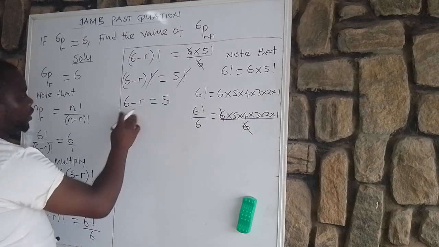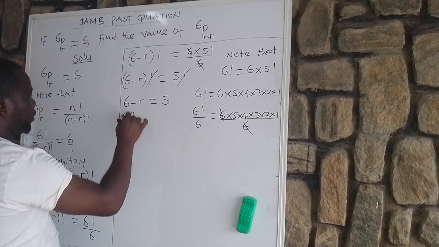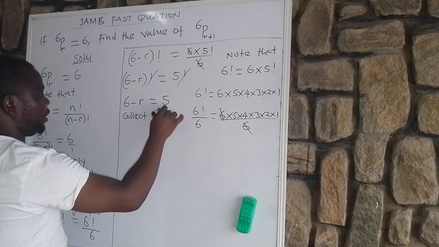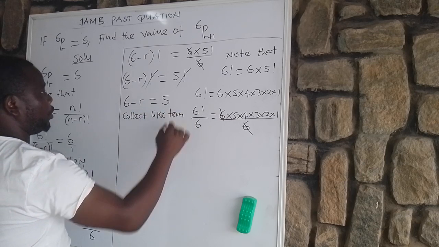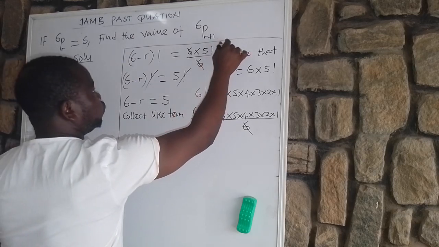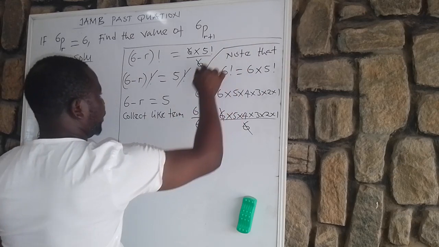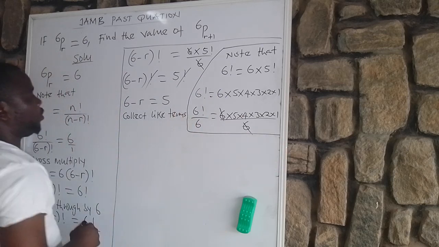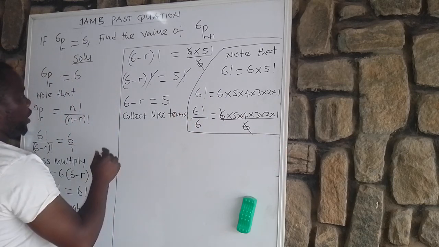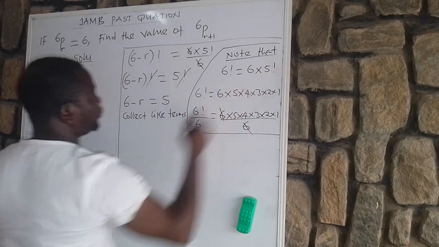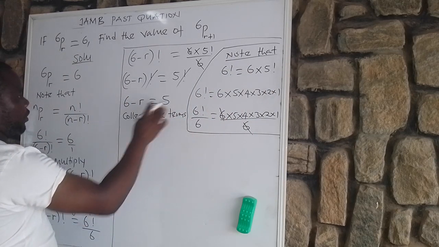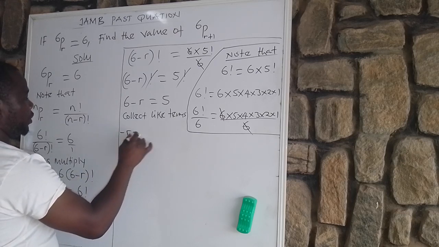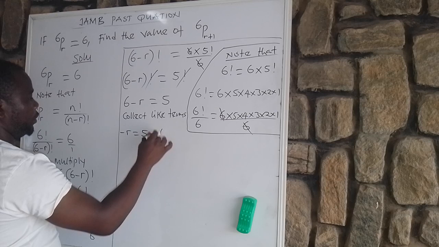So at this point, we collect like terms. If we collect like terms, 6 crosses the sign of equality and becomes minus: minus r equals 5 minus 6.